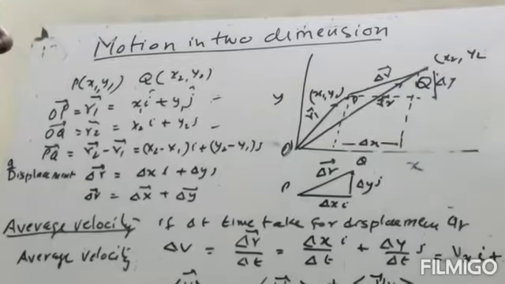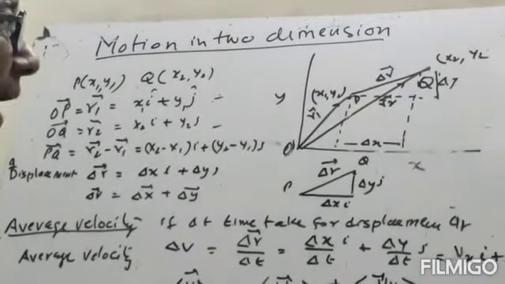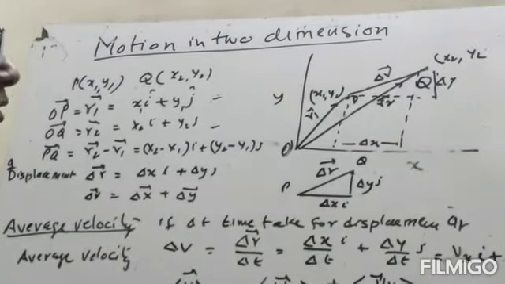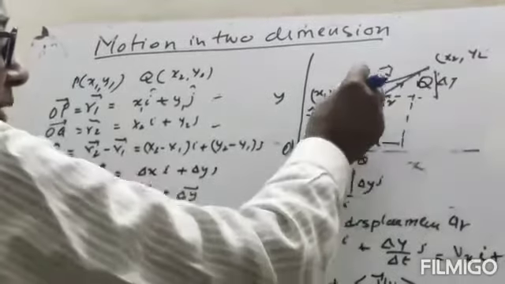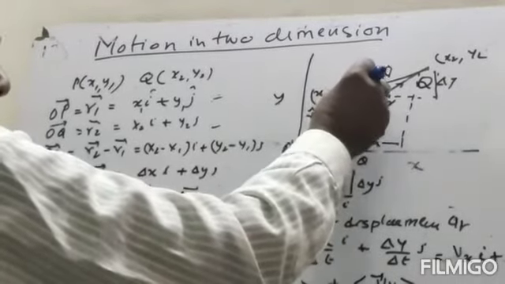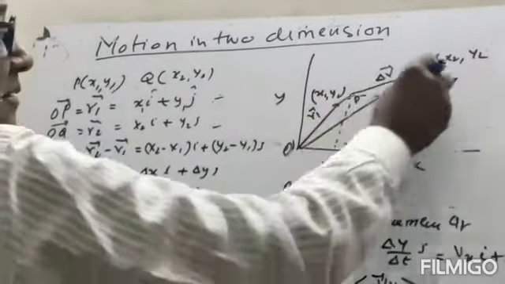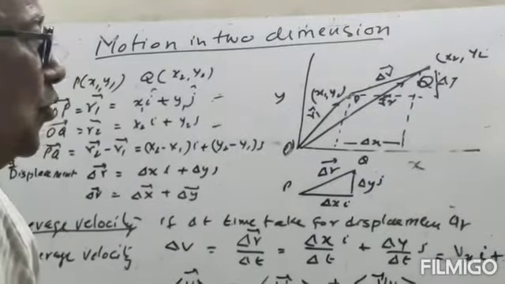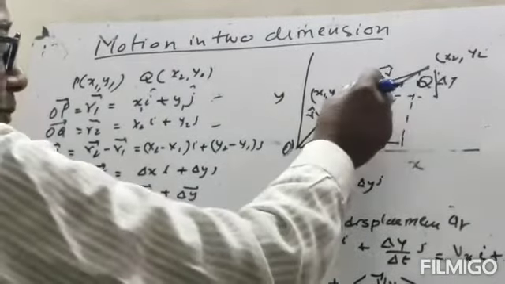Now what would be the PQ vector? We can find PQ with the help of the triangle law. With the triangle law, PQ is equal to PO plus OQ.